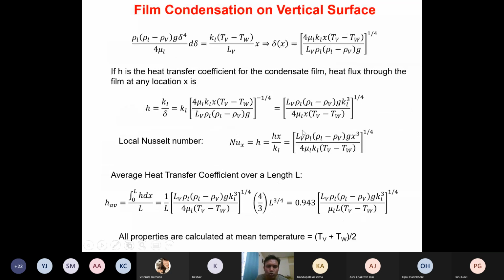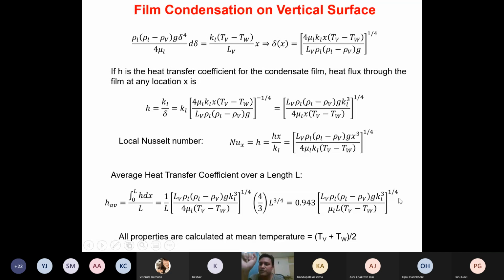So that becomes 0 to L integration H dx divided by L. So after integrating, what we get is 0.943 LV (rho L minus rho V) G KL cube divided by mu L into L (TV minus TW) and raised to the power 1 by 4.